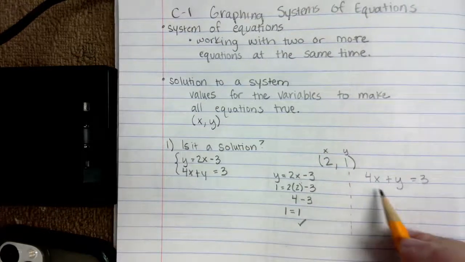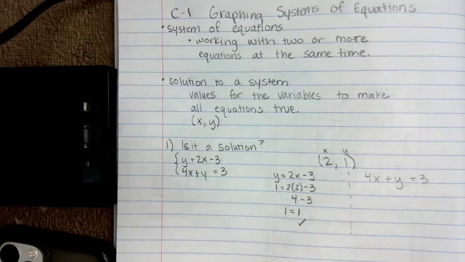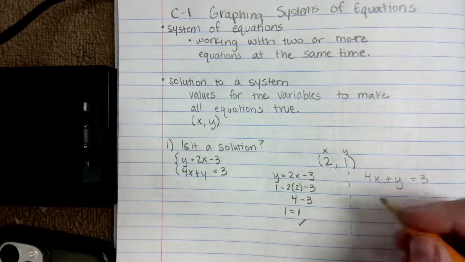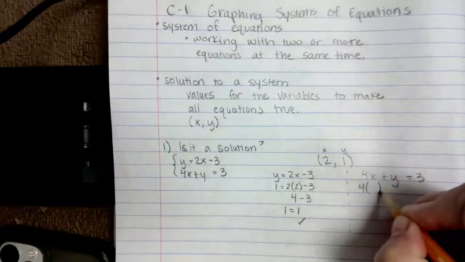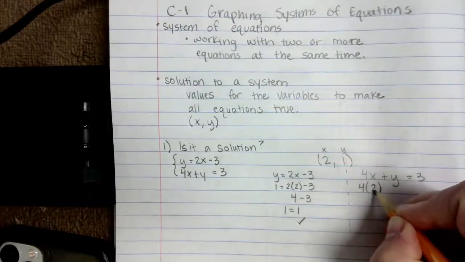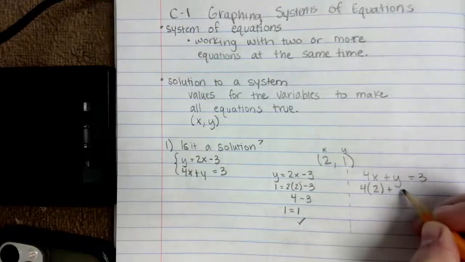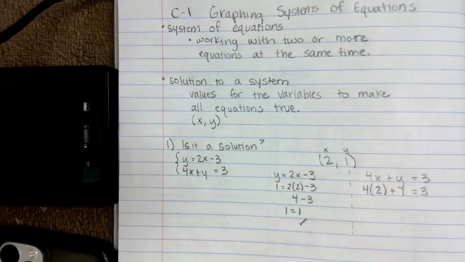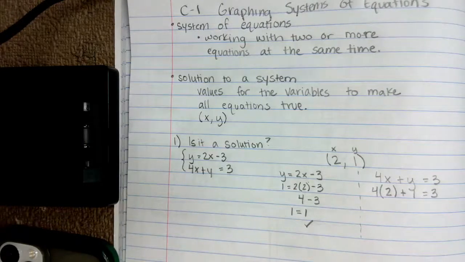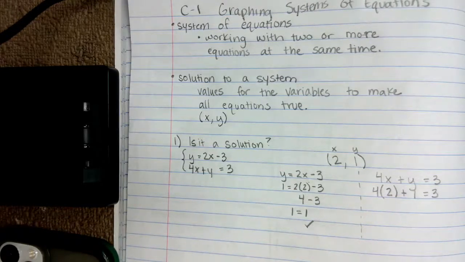So for our second one, we're going to do the same idea. We're going to plug in that x and that y and see does it work. So we'd have 4 times, what is our x? 2 plus, what's our y? 1. And we want to know, does that equal 3? And some people are at this point where they could just do that in their head.